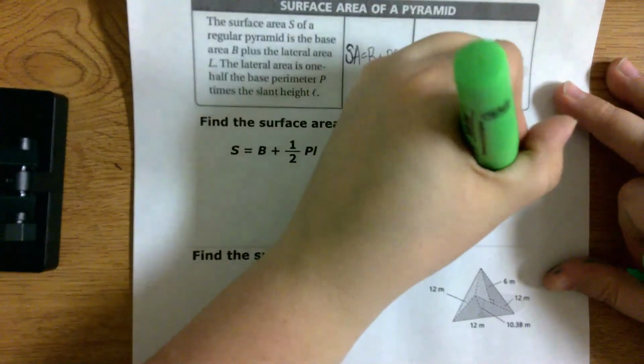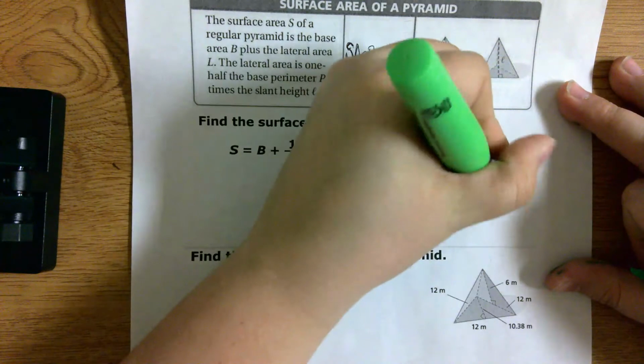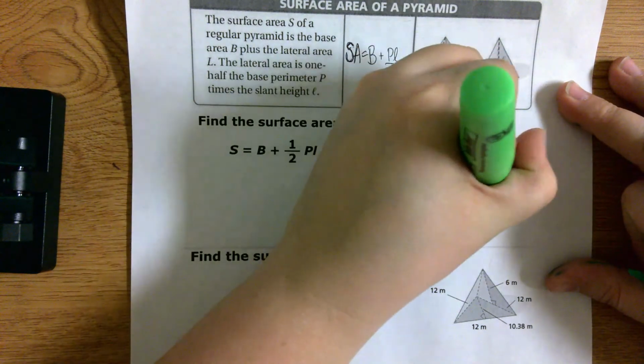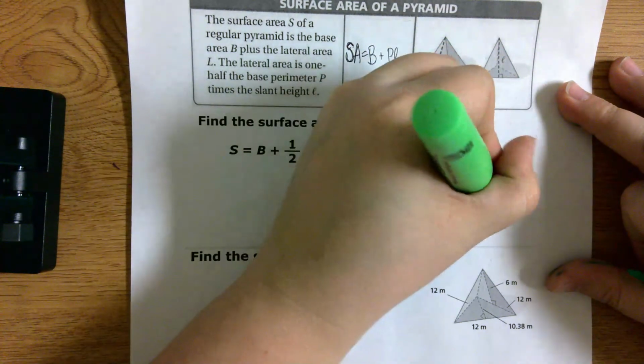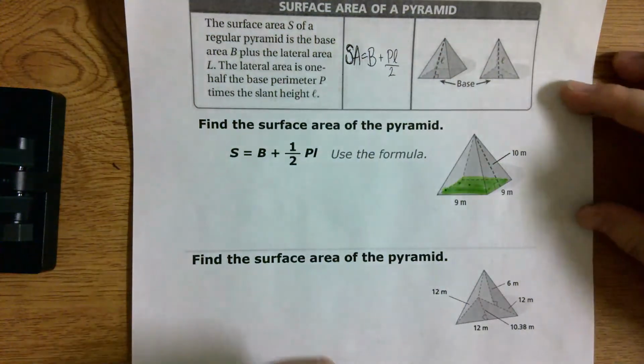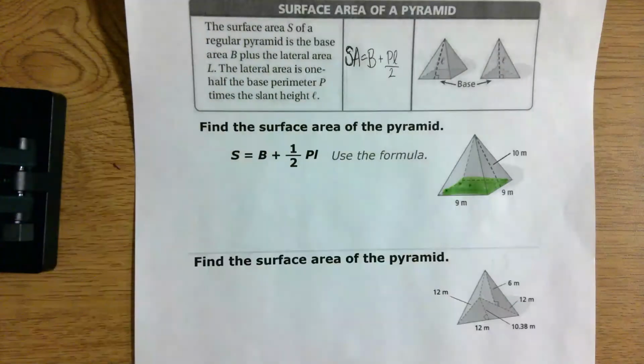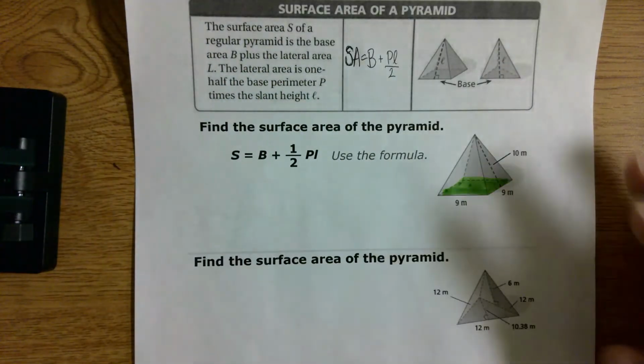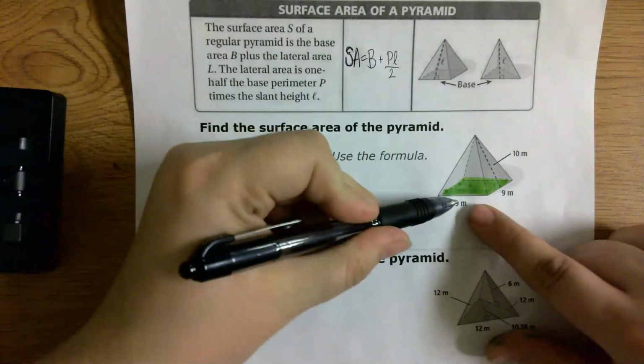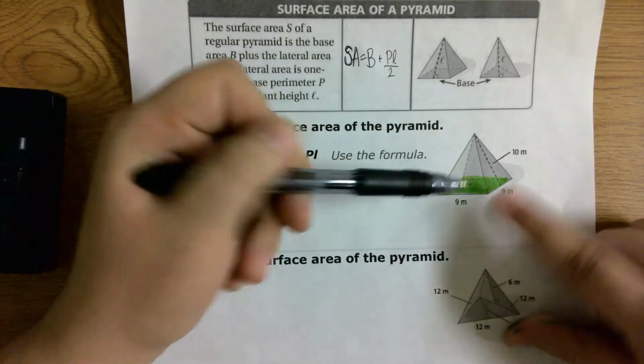That is the square bottom. Now, it will not always be a square. You can also have a triangular pyramid, but this one is a rectangular pyramid, and so we're going to use rectangular area, base times height, and this is actually a square pyramid.